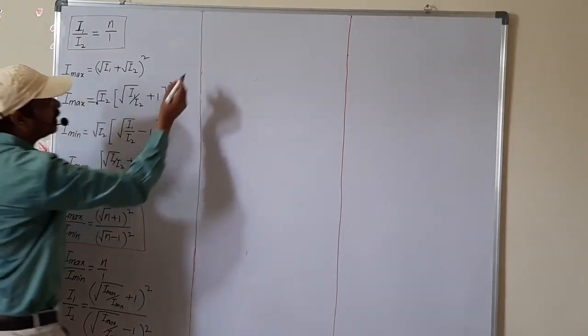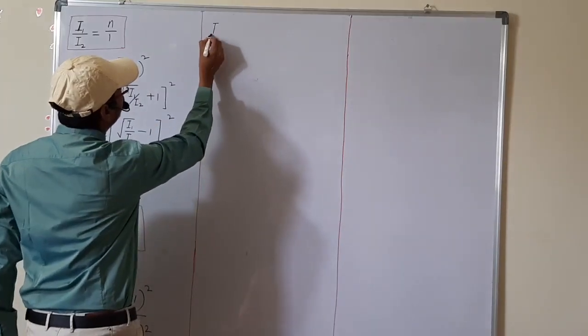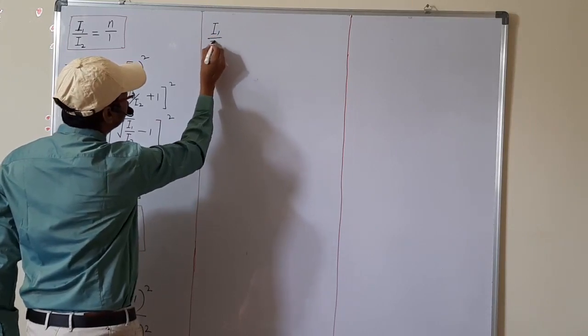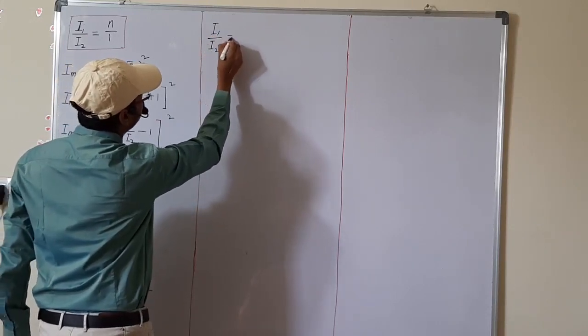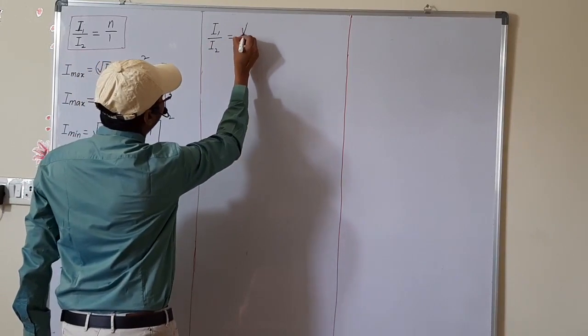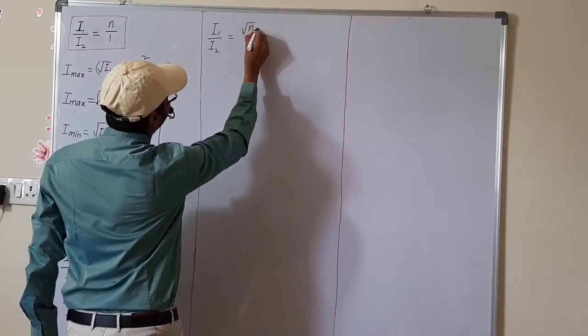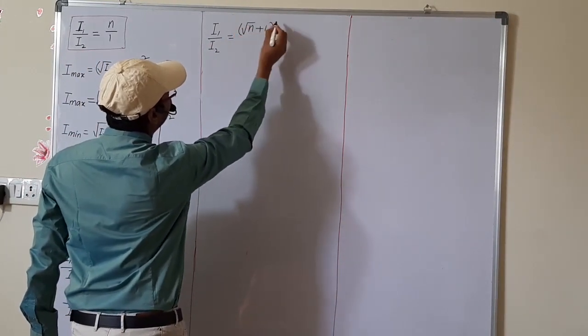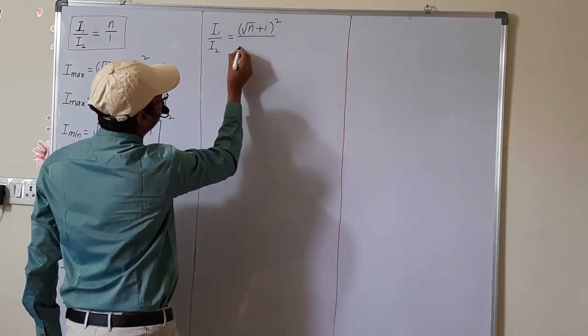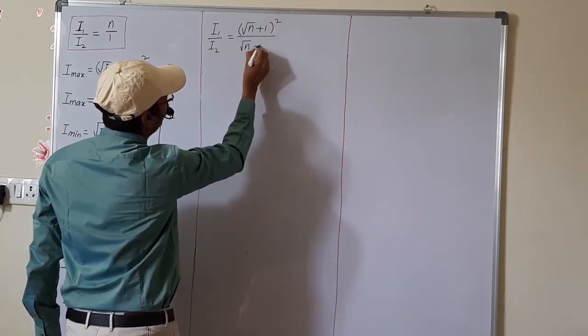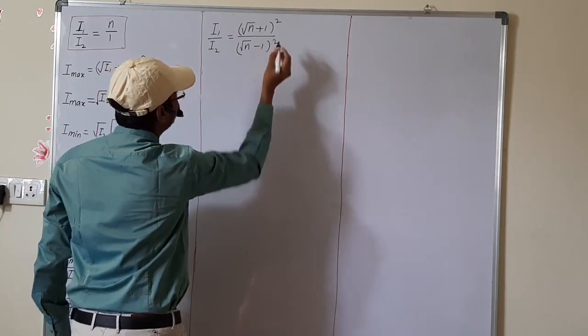This value also we can write here to find the individual intensities. I1 upon I2 is equals to, again we can use root n plus 1 whole square and root n minus 1 whole square.